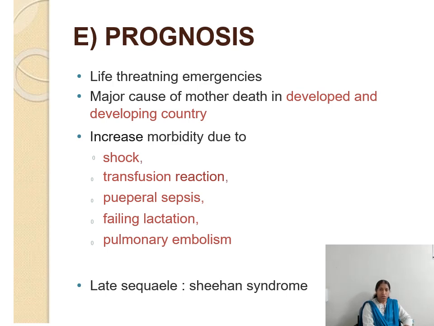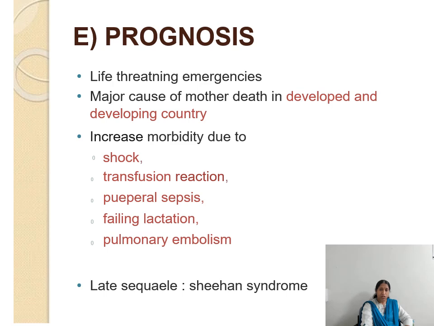Sometimes all the lacerations which are sutured or the episiotomy wound can get infected because of excessive meddling of the patient and also the tissues. Patient has to be kept under strict observation. And failing lactation might occur due to PPH, and pulmonary embolism, mainly because of the blood transfusions and also any complications related to amniotic fluid or thromboembolic disorders in the periphery.